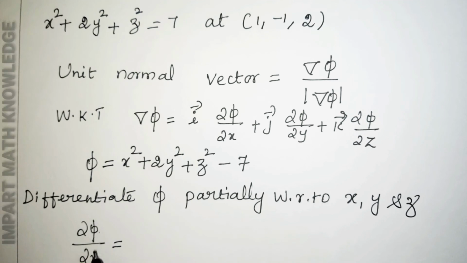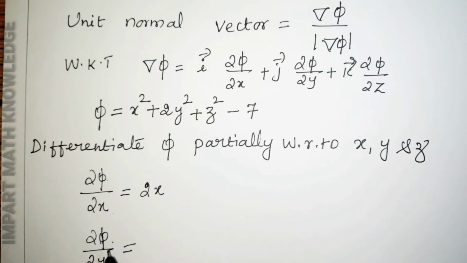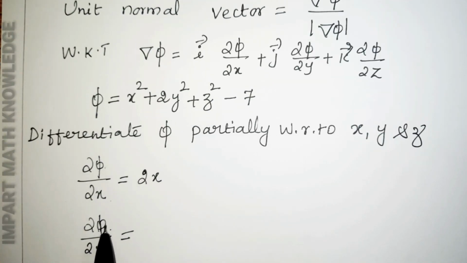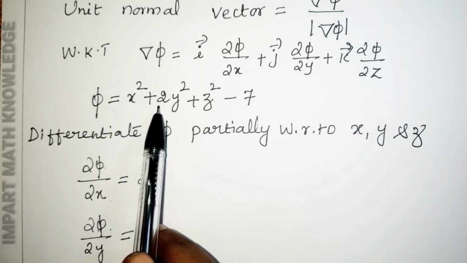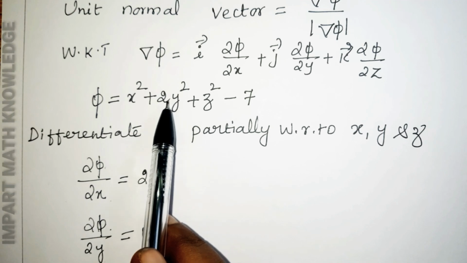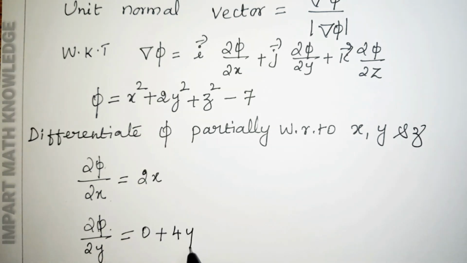Dou phi by dou x. Differentiate phi partially with respect to x. First term is x squared, so differentiation of x square is 2x. For the remaining terms, x is not there, so 0. Dou phi by dou y. Differentiate phi partially with respect to y. First term is x squared, so 0. Second term 2y square is there, so 4y, plus 0 minus 0. So dou phi by dou y is 4y.